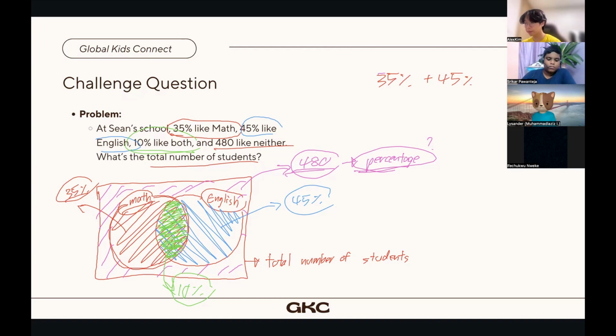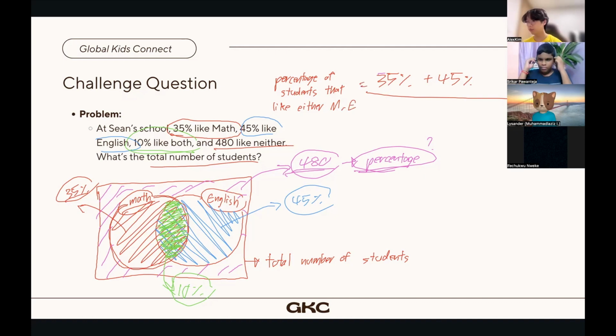The reason we minus 10% from this 35 plus 45, let me write down: percentage of students that like either math or English is equal to.